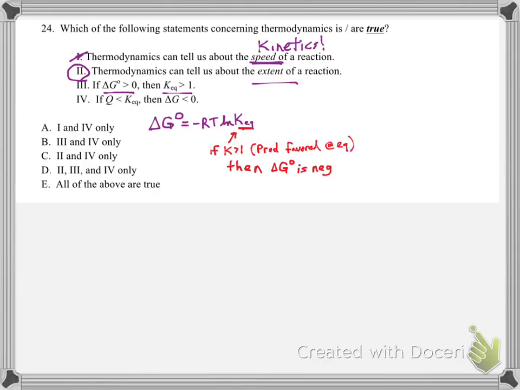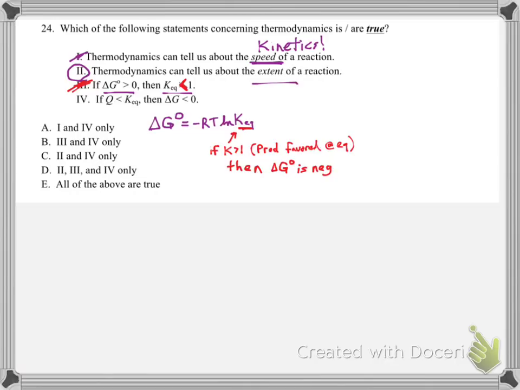So in terms of Statement 3, if delta G standard is positive, then KEQ is greater than 1. That's false. Okay, it's actually the opposite. If delta G standard is positive, that means that KEQ is less than 1. So what that actually means is that reactants are favored at equilibrium.